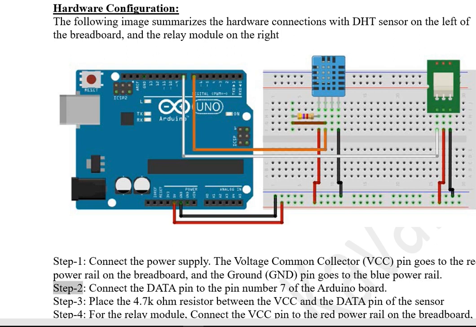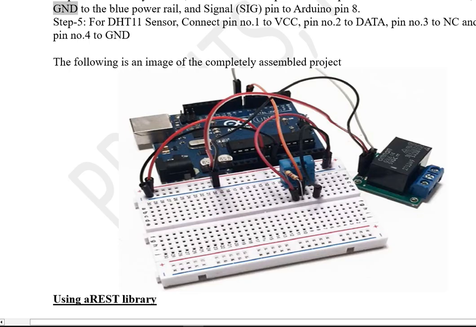Step 2: connect the data pin to pin number 7 of the Arduino board. Step 3: place the 4.7K resistor between the VCC and the data pin of the sensor. Step 4: for the relay module, connect the VCC pin to the red power rail on the breadboard, GND to the blue power rail, and the signal, SIG, pin to Arduino pin 8.